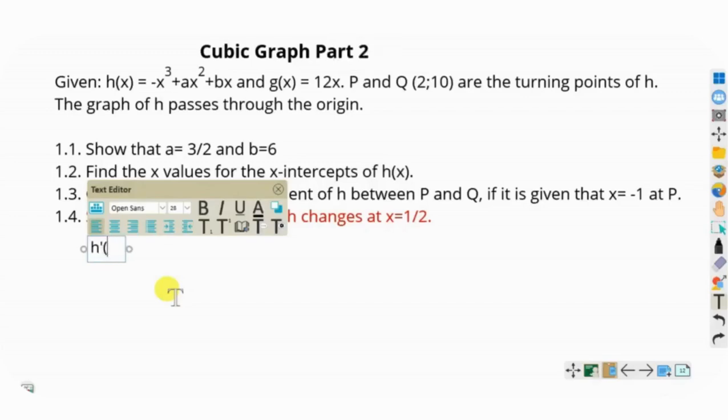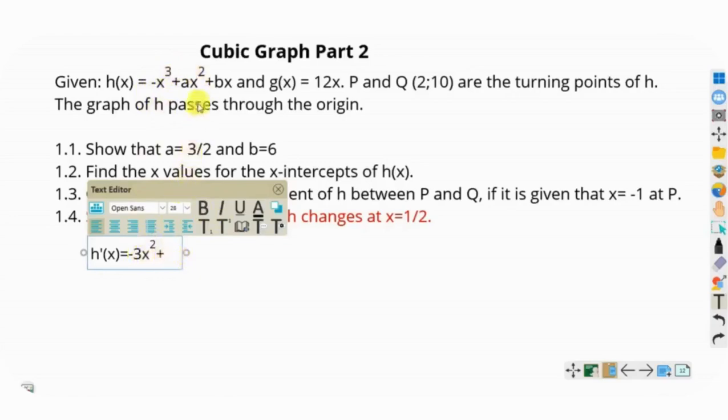So the first derivative, we've derived this once. The first derivative is minus 3x squared plus, when you derive this, 3 times 1 is 3x, then 3 minus 1 is 2, so negative 3x squared.